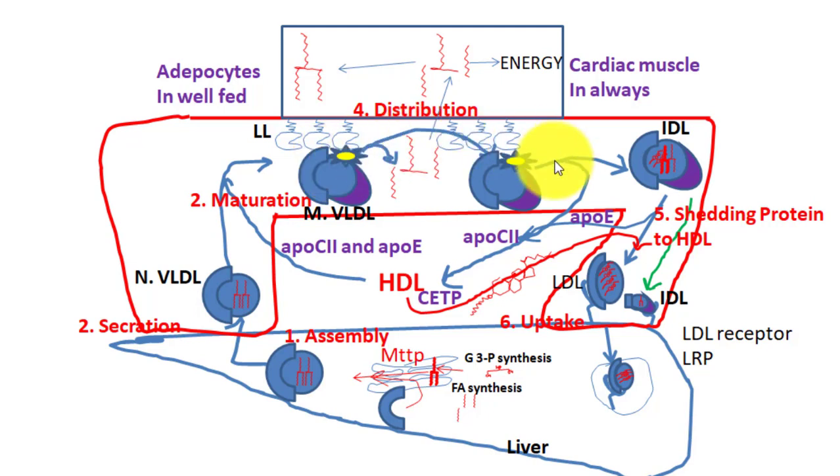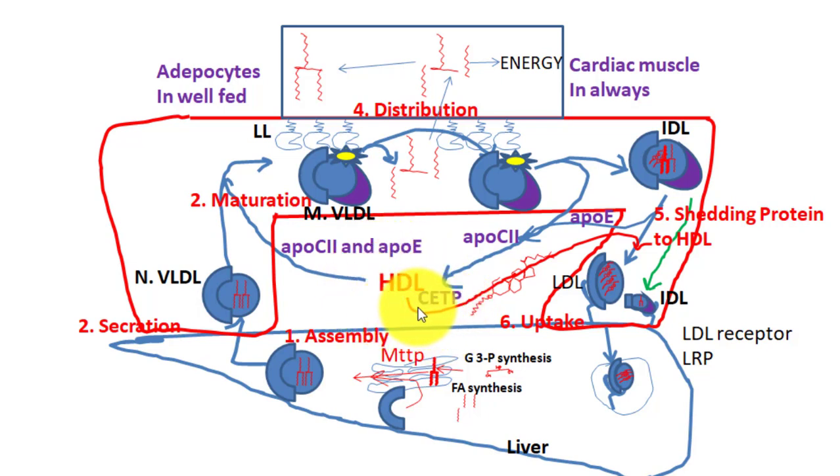There is one more important process. This LDL has one more step. LDL also takes up cholesterol from HDL. Though I have shown HDL here, you have to remember HDL is there in the bloodstream. When LDL comes into contact with HDL in the blood, HDL will transfer its cholesterol ester through a protein called cholesterol ester transfer protein, CETP, which is associated with HDL.